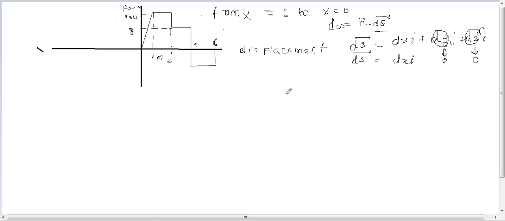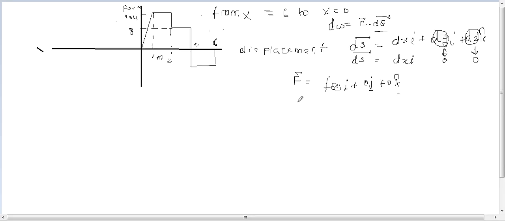So the force will be some vector like this, F is equal to Fx, which is the equation of this graph, Fx i plus 0 j plus 0 k, because there is no force along the y axis and k axis.